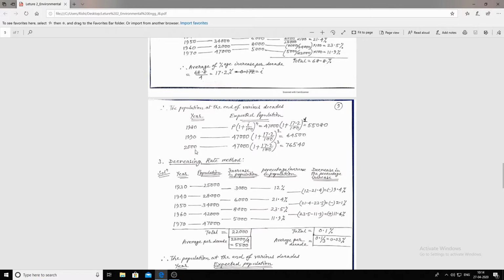So, following the similar method, we can calculate the expected population at the end of year 2000, which is equal to 76,540. Now, we are proceeding to the next method, that is the decreasing rate method.